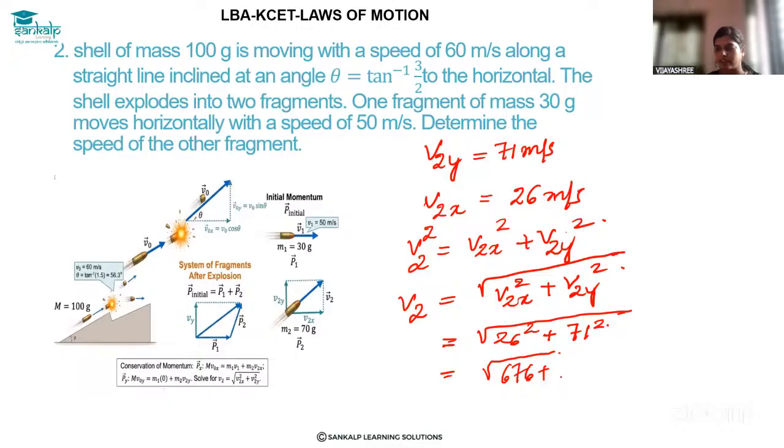Plus 71 square, and 71 into 71 is 5041, right?